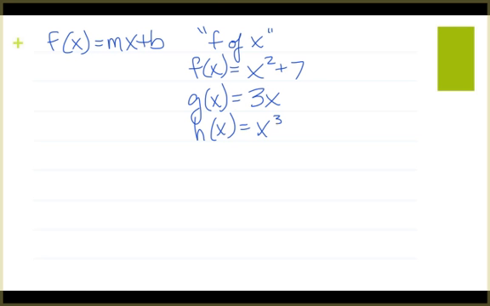So what do we do with them? Well, if I have this written, what do I do when they give me one of those numbers in there? So f of 3, what's f of 3 given this function, f of x equals x squared plus 2?